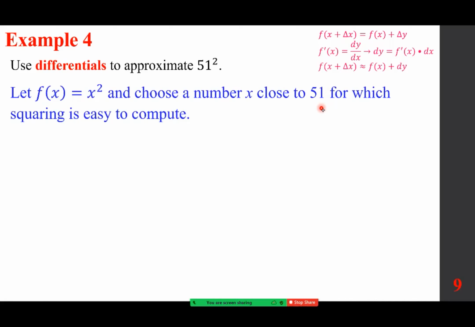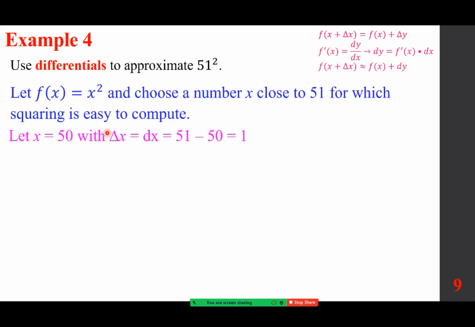And what is delta x or dx? Since we are letting x be 50, from 50 to 51, there is a difference of positive 1. In other words, 51 minus 50 equals 1. So we let x be 50. Why? Because it's the closest number to 51 we can easily square.